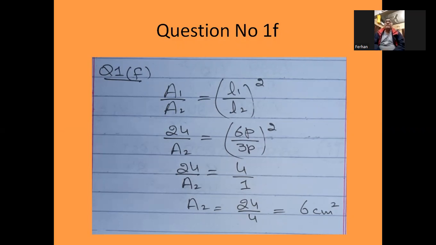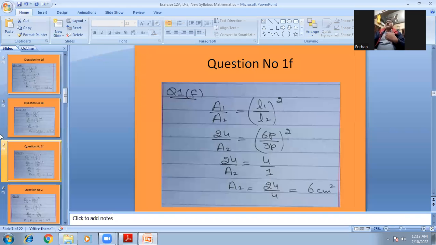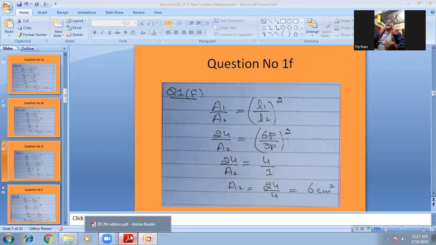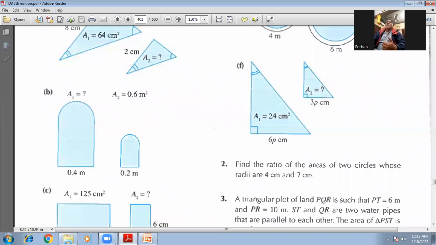So area 2 will be equal to 24 divided by 4, and that will be 6 centimeter square. I hope that you understood question number 1. Very easy question, and it just gave you the practice on one formula, A1 by A2 equals L1 by L2 whole square.